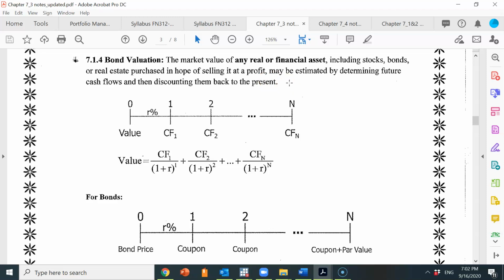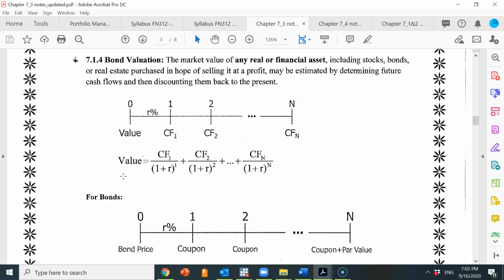This is also using what we learned in chapters 5 and 6, time value of money. Remember, whenever we're solving for present value or the value of a financial asset or real asset, we're basically discounting all the future cash flows we're getting to present to have the current value of the asset.